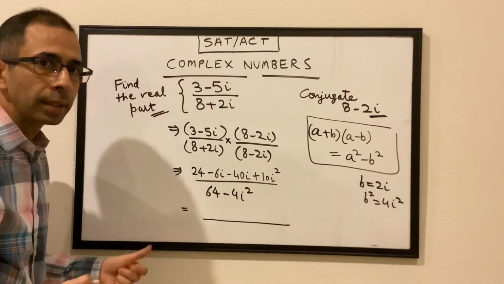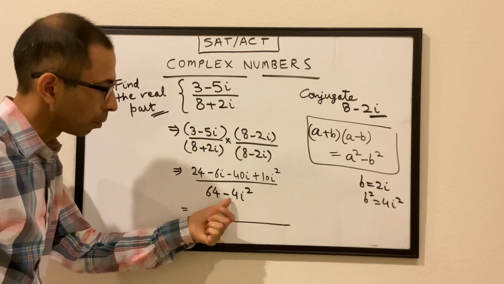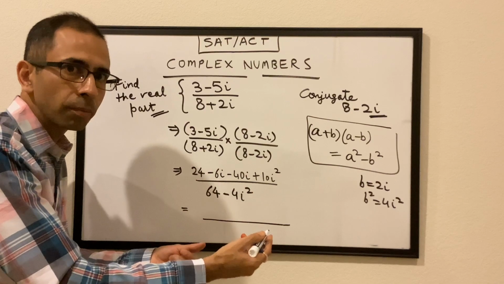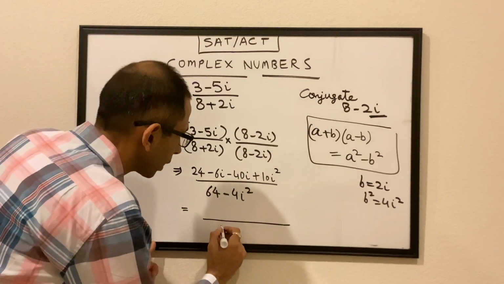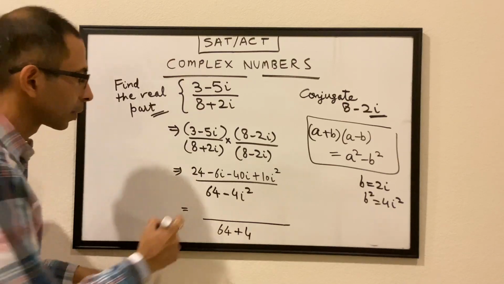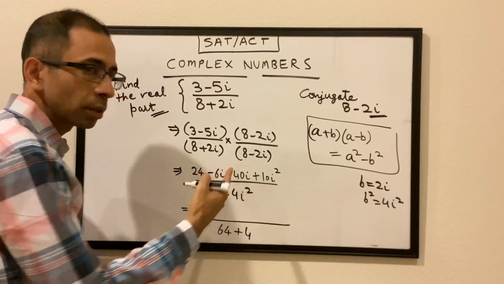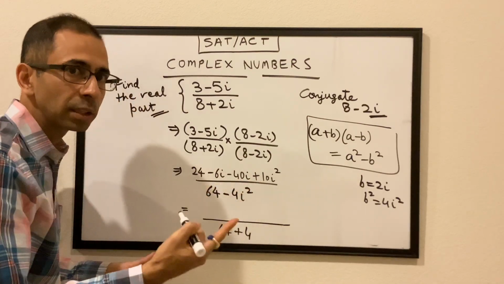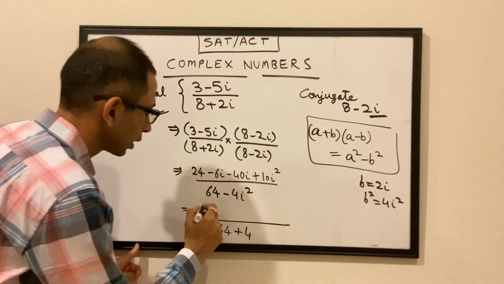Now i square is minus 1. So 4i square becomes minus 4. Minus of minus 4 is plus 4. So it becomes 64 plus 4, right? Let's combine the like terms on the numerator. Minus 6i minus 40i becomes minus 46i. 24, let's keep it the way it is.